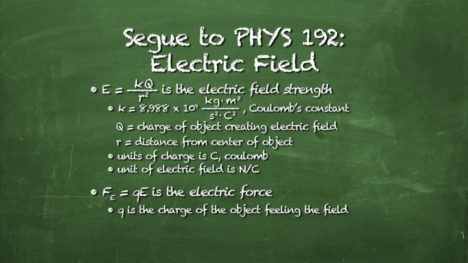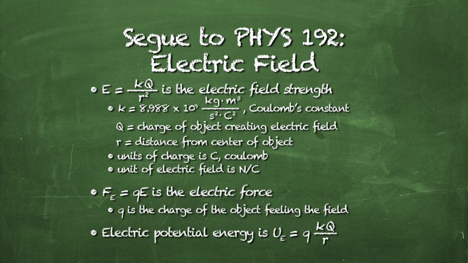And finally, you're going to see an equation for electrical potential energy that is very similar to our Newton's universal law for gravitational potential energy. The electrical potential energy is equal to little q times our constant K times big Q, the charge creating the field, divided by r. The only difference here is that we don't have the minus sign.